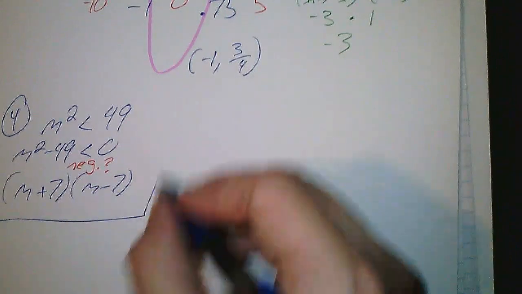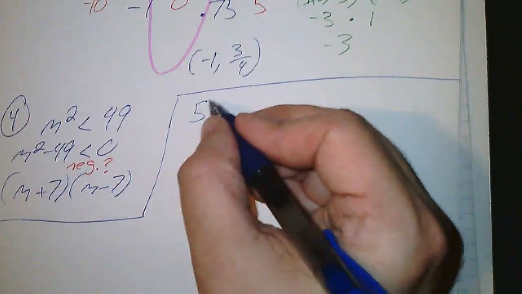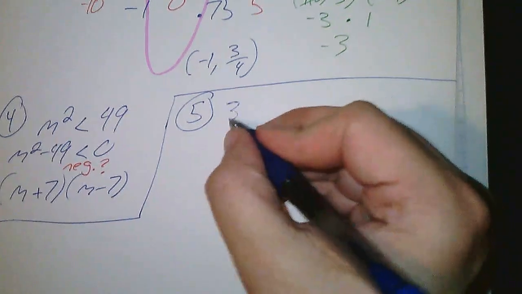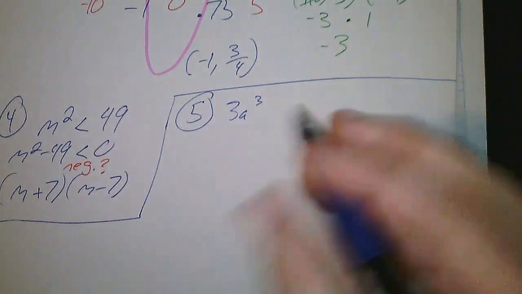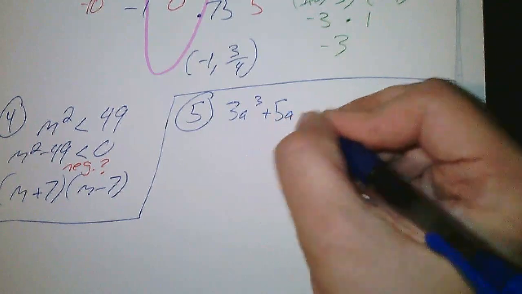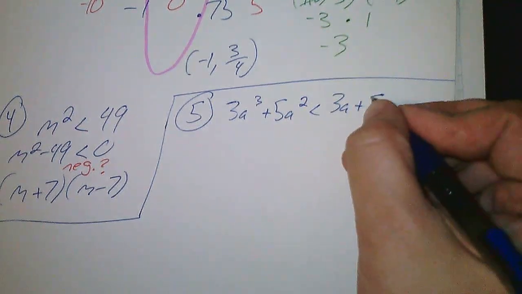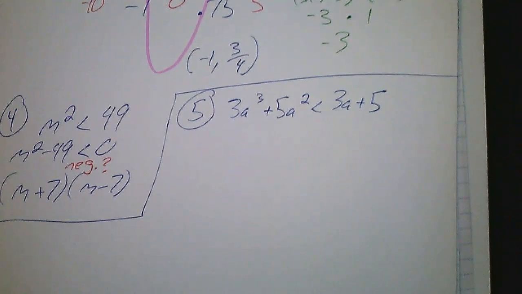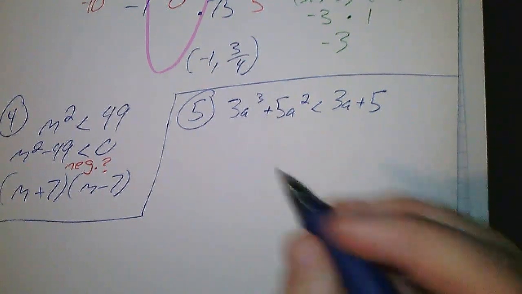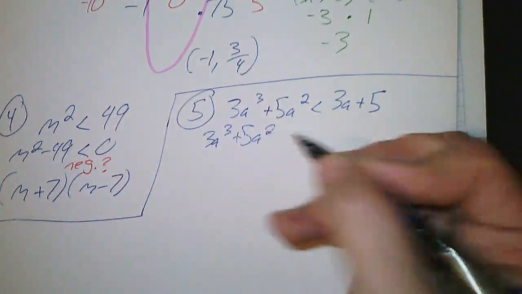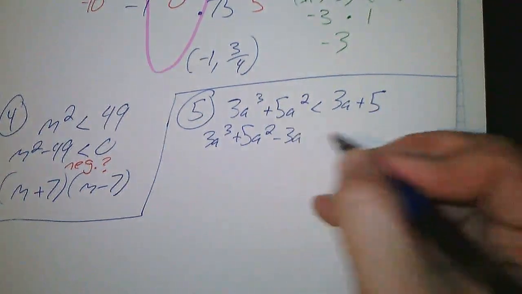So for number 5, we have a cubic function. These are not always as easy to see on the calculator. But let's get everything on one side.